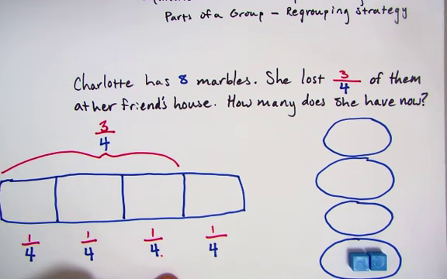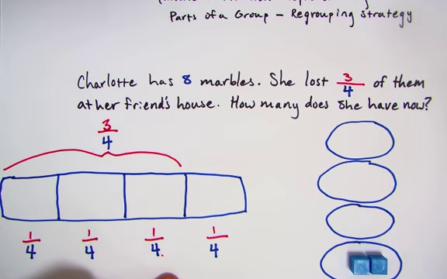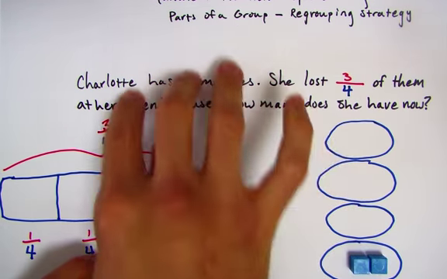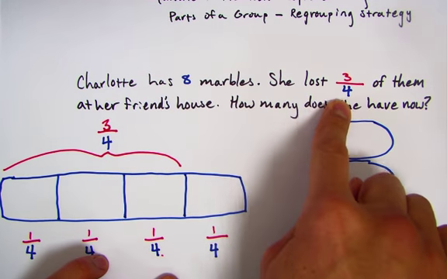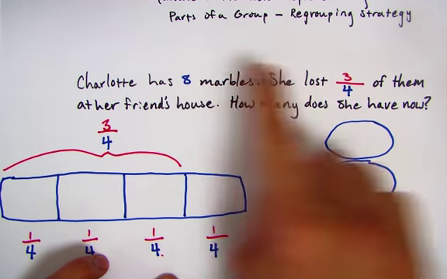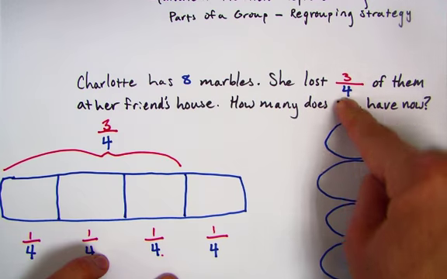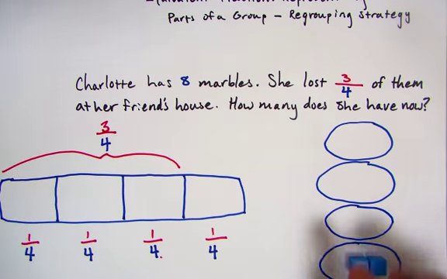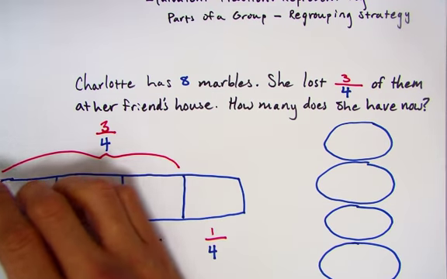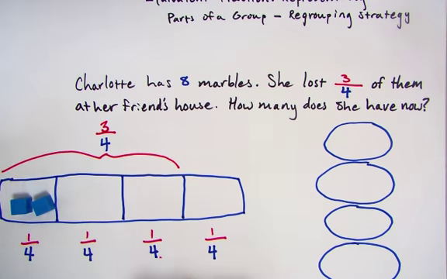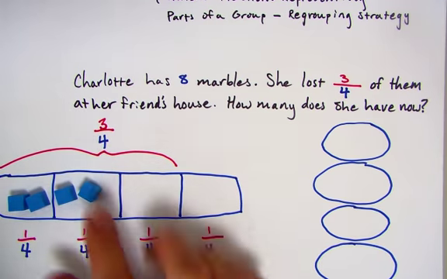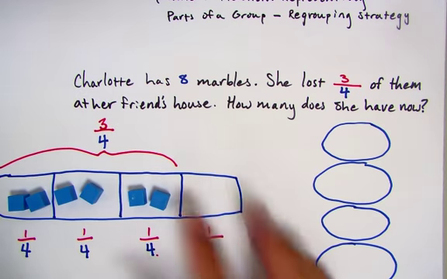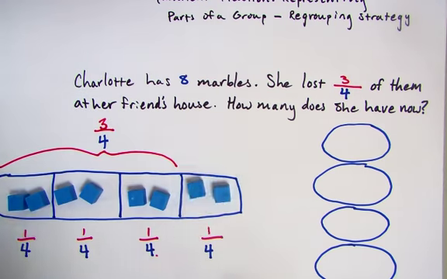Okay, that's using the regrouping strategy when solving a problem relating to fractions. You notice that the total amount is not the same as this denominator. So right away, when you see something like that in a problem, you will want to start thinking about the regrouping strategy and what you learned right here.